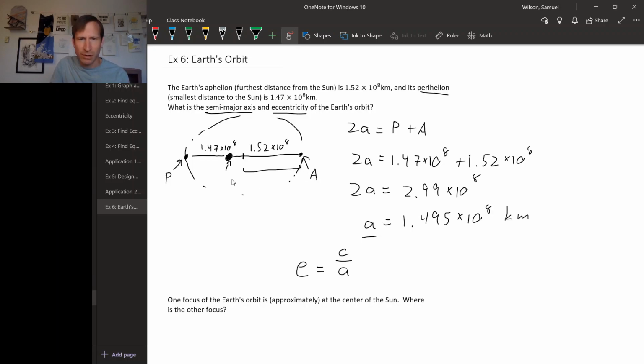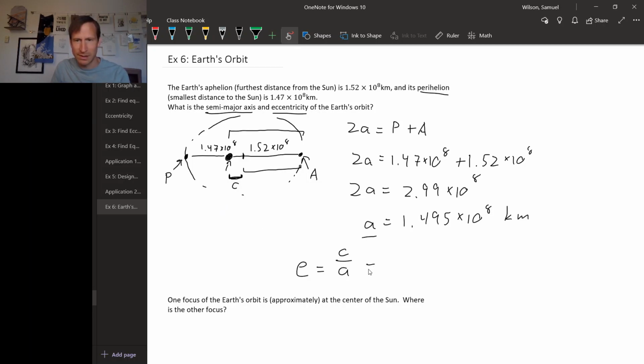So we also know the aphelion, and that's from the sun out to the farthest point. That's that distance. So we can subtract those to find the distance from the center of the ellipse to the sun. And the distance from the center of the ellipse to the sun, well, the sun is at a focus, so the distance from the center to the sun is going to be the focal radius.